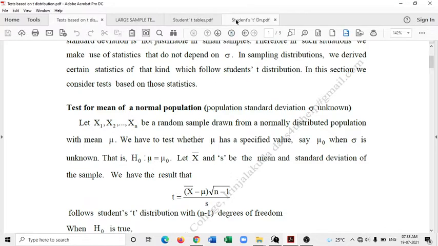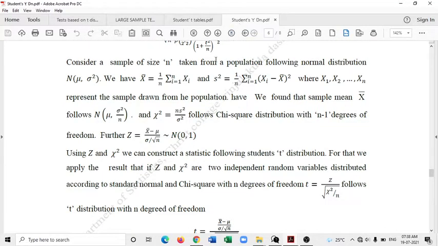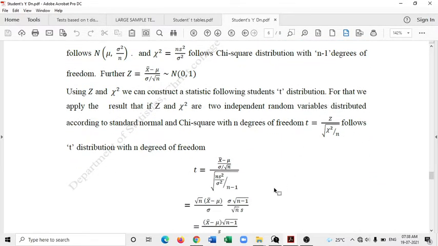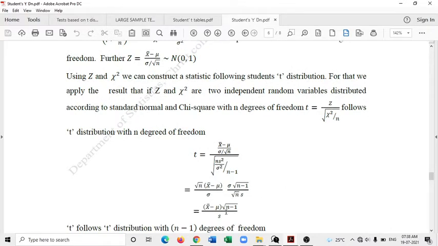For a sample of size n taken from a normal population, we have the result t equals x bar minus mu root n minus 1 by s follows t distribution with n minus 1 degrees of freedom. This statistic is constructed using the relation t equals z by root of chi square by n, which follows t distribution with n degrees of freedom.